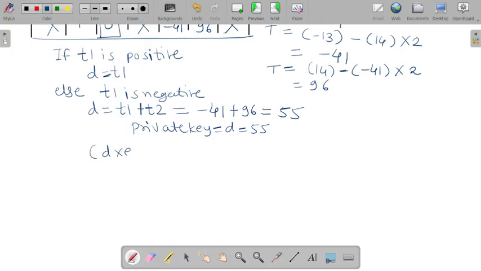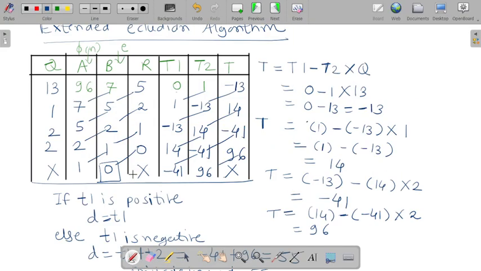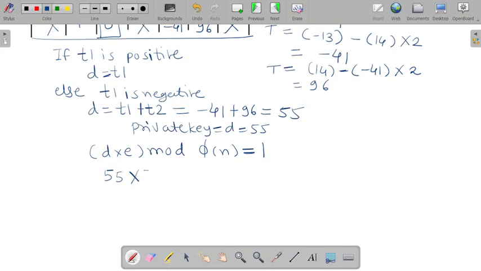So D into E mod phi of n is equal to 1. What is the value of D? We got 55. The value of E is given as 7. Then mod phi of n, and phi of n we got as 96. So I am putting here 96 is equal to 1.